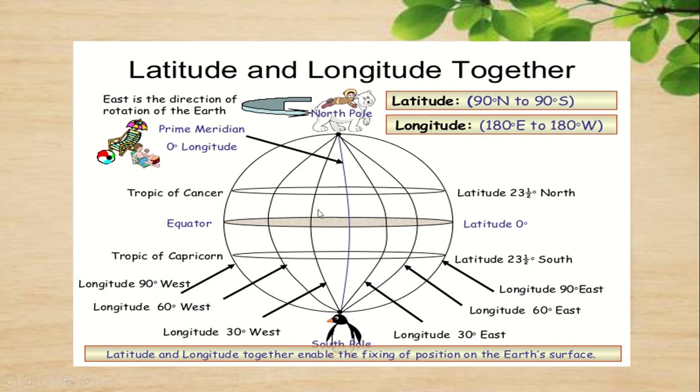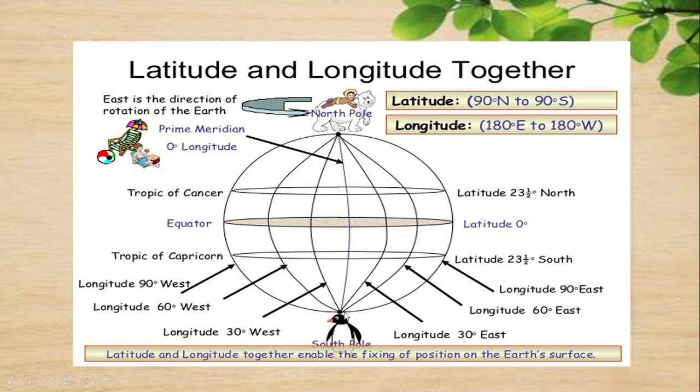So here you have to focus on this equator, the latitudinal part, Tropic of Cancer latitude, Tropic of Capricorn latitude, here also Arctic Circle and Antarctic Circle. So these are the latitudes, northern hemisphere and southern hemisphere, and the prime meridian divides the eastern part and western part, and this is 0 degree longitude. And depending on this 0 degree longitude, these longitudes have been drawn.